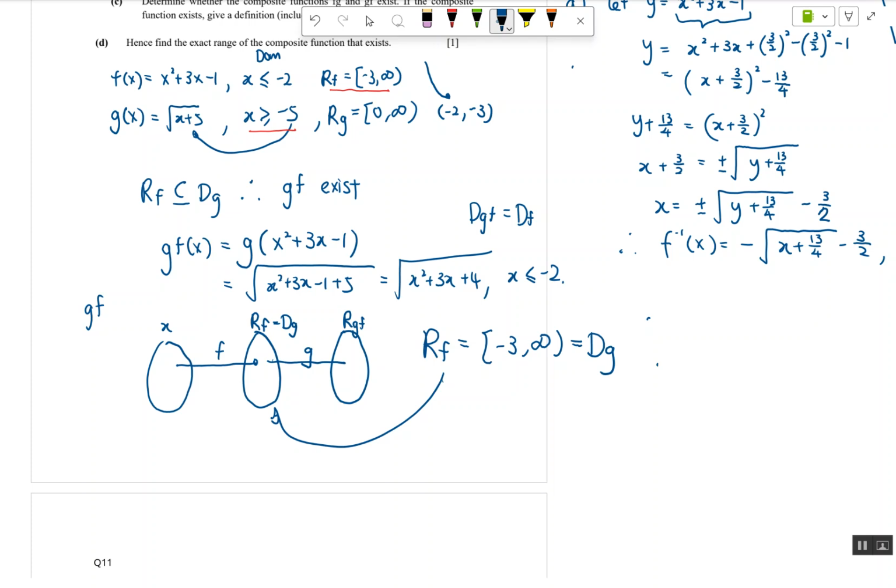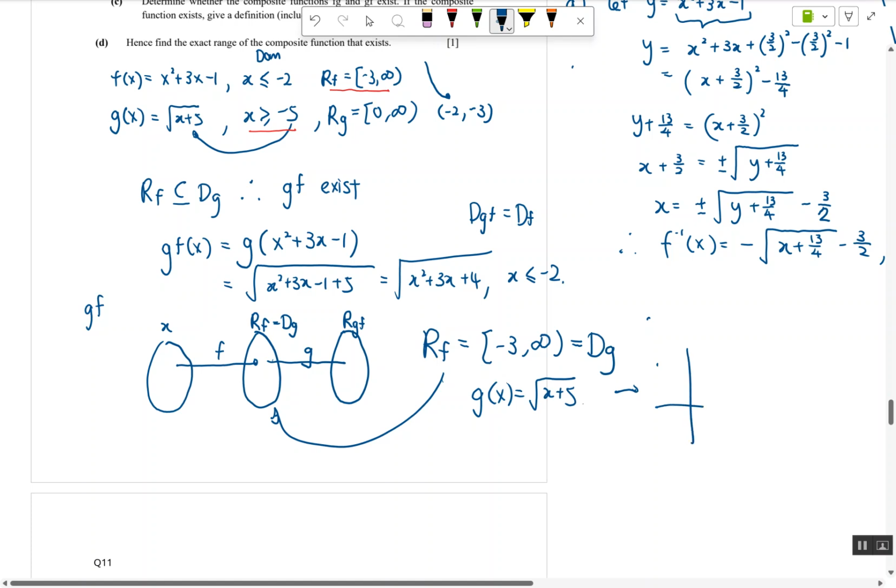Now what is g(x)? g(x) is equal to square root of x plus 5, right? Put it into this function. I know that the graph is increasing, right? So all I need to do is to sub x equals negative 3. My y is going to be equal to square root 2.